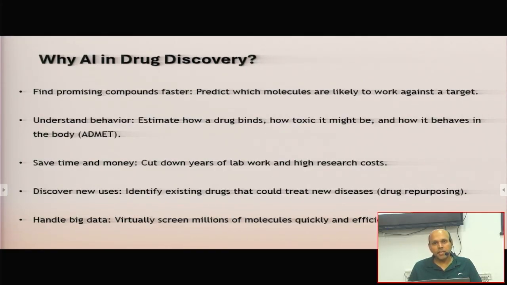We need to identify new targets as well, because everyone has identified the targets previously, but we need newer targets in order to understand how new drugs can be targeted against those novel targets, and treatment for several diseases can be possible as a result of that. Understand behavior, so estimate how the drug binds, how toxic it might be, how it behaves in the body. So that is very important.